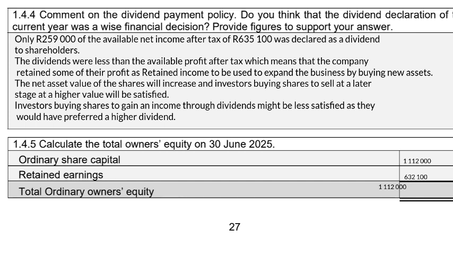So the total ordinary owner's equity would be 1,744,100 Rand.